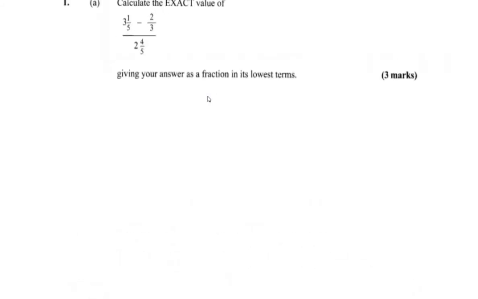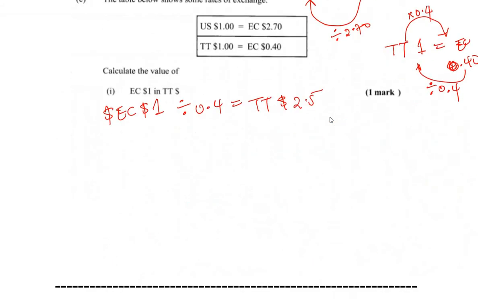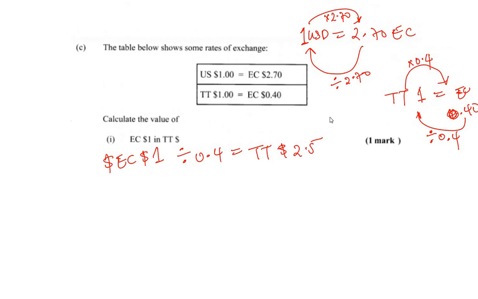Now the next part says, calculate the value of $648 TT in US. So let us look at our connection here. $1 US is $2.70 EC, and one Trinidad and Tobago dollar is equal to 0.40 EC dollars.